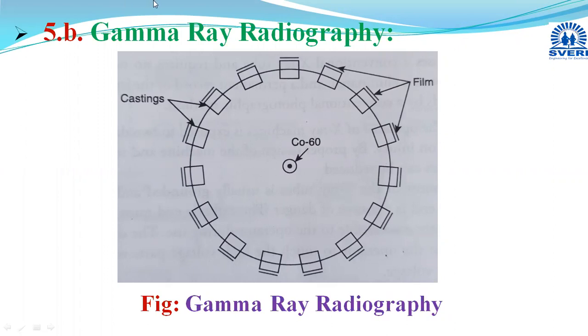Now, what is the advantage of this gamma ray radiography? At the same time, we can perform gamma ray inspection on a number of components. Different casted, welded, or forged components can be inspected at the same time using this gamma ray radiography.